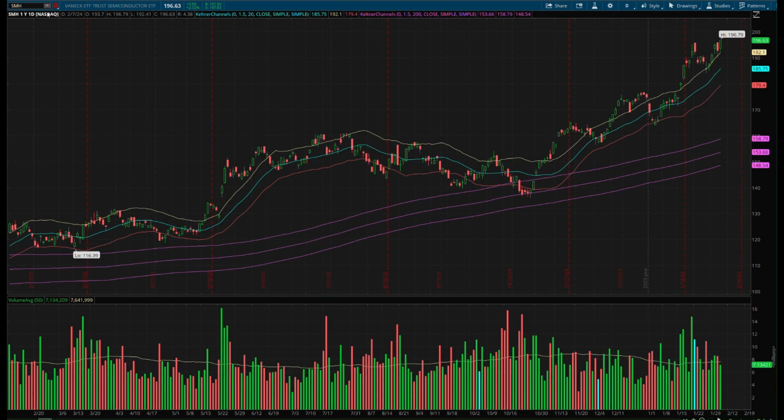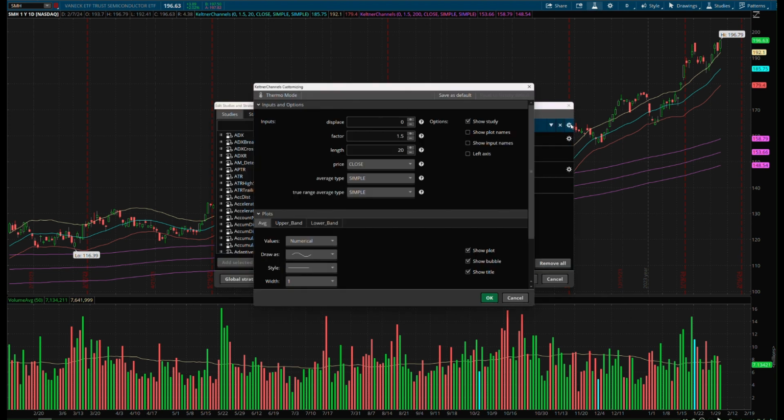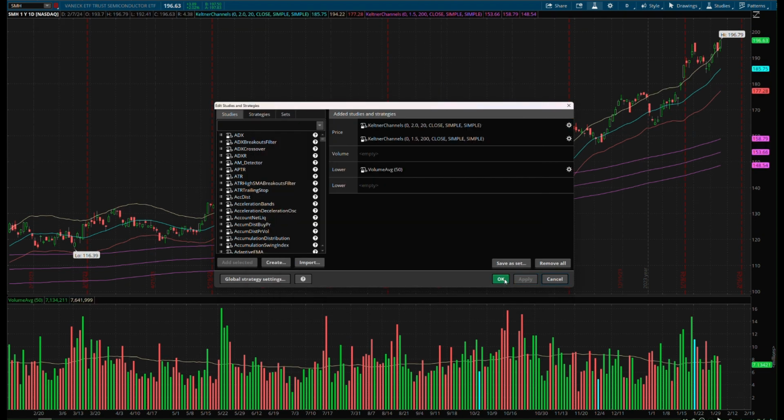We are looking at the SMH daily ETF. We can see that some of the ETFs and individual stocks are more volatile than SPY. So in this scenario, if you want to hold for longer, you can also use a factor of 2 on the 20 channel instead of 1.5.